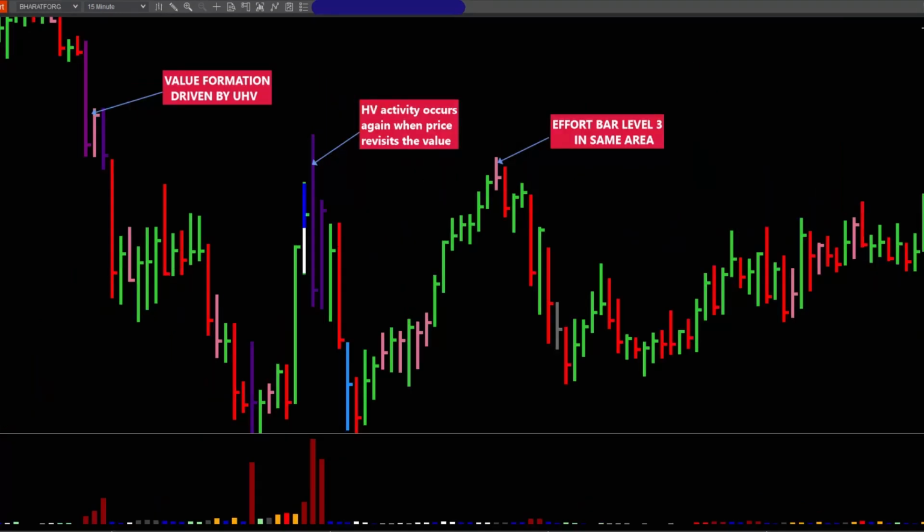Sorry, my apologies, that is not the third kind of bar. In this particular slide we can see the third bar, wherein we are revisiting the area of ultra high volume activity, and our spread has decreased dramatically. With this type of activity, as you can see in the very next bar, we are in a trade, as we can see the acceptance of the lower value from the market, and it helps us in generating a good trade.